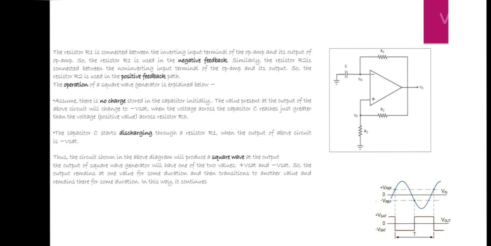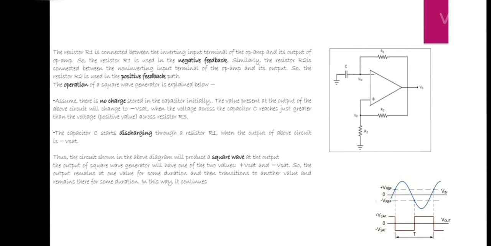Now the capacitor C starts charging through a resistor R1. The value present at the output of the above circuit will change to the negative voltage at saturation when the voltage across the capacitor C reaches just greater than the positive voltage across resistor R3.